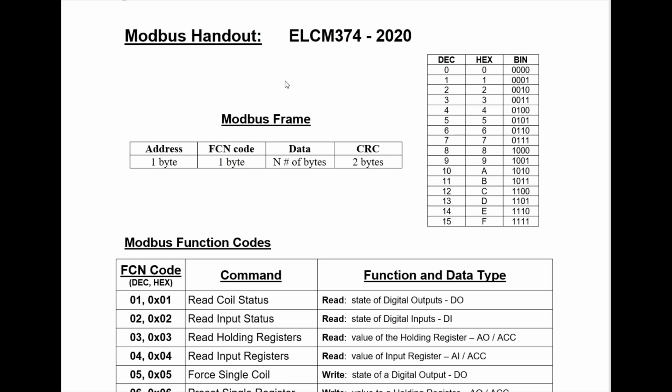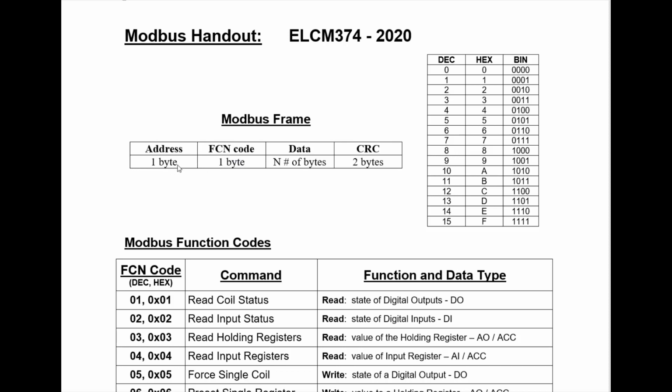So in the Modbus handout, remember we said that the first thing you should look at in terms of the Modbus message to zero in on the formatting of the request or the response is the function code. So that's going to be the second byte of the Modbus frame. Every time the function code will be the second byte.